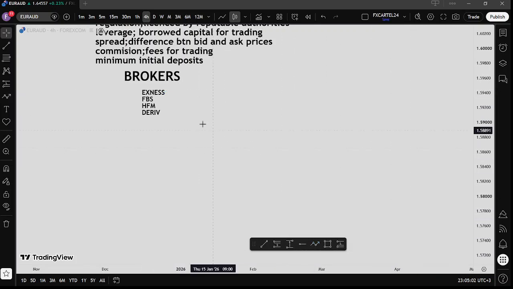So you'll do me a favor. Actually, it isn't a favor. What you are going to do is download an application called XNS. Number two, you download MT5. Those are the two things.